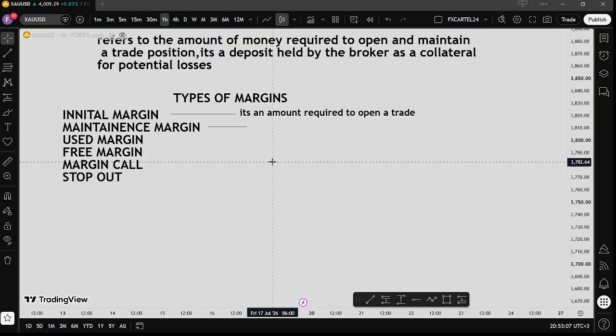Number one, the margin. When you try to enter one lot, they send you a notification that says low balance.